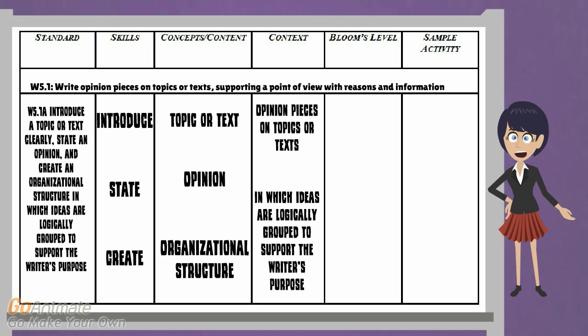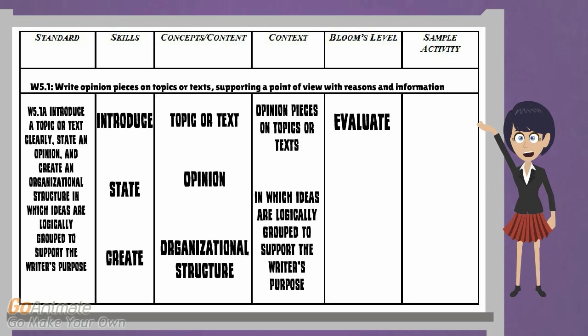It seems the words appraise, assess, classify, compare, decide, determine, judge, justify, prove, rate, these all fit with what I am asking students to do. It really fits more with the evaluate level, so I will write evaluate in my Bloom's level column. Since I am supposed to write the highest level of thinking students will use, I am almost done.